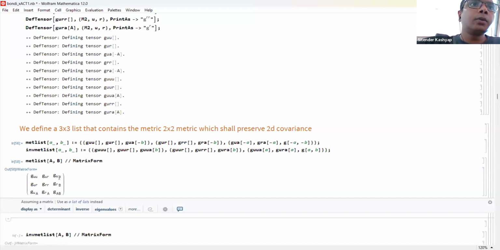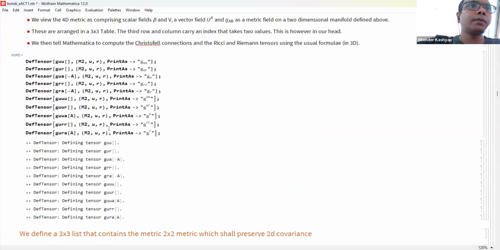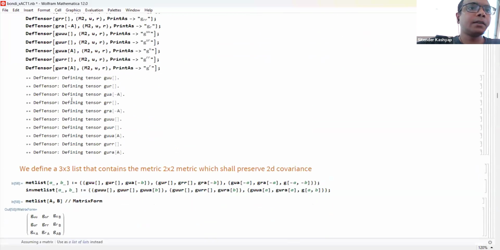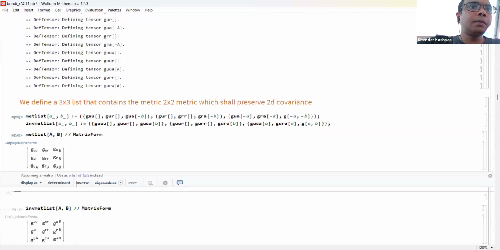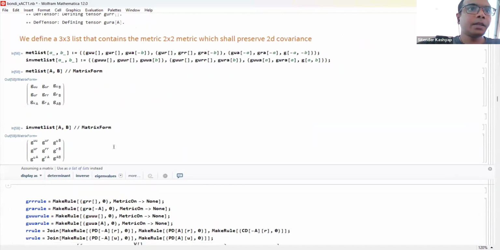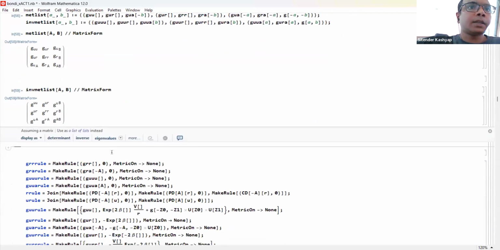Notice that this is a scalar on our M2 manifold, the two-dimensional manifold. This is also a scalar, but this one has an index b and it's a vector. So that's how we have defined it. GUA is a vector, etc. Similarly, we have the inverse metric of this form.